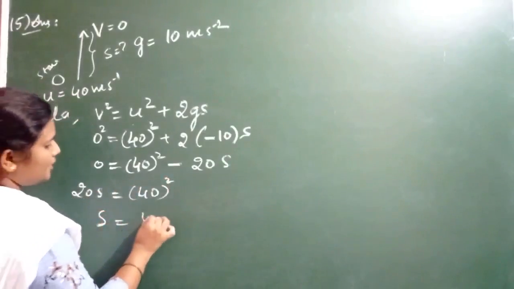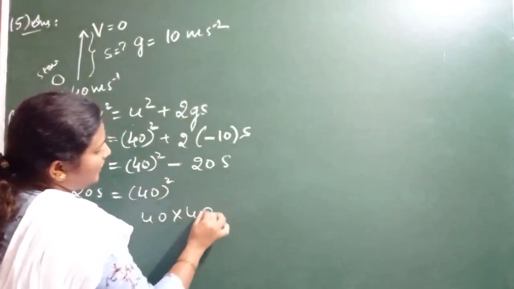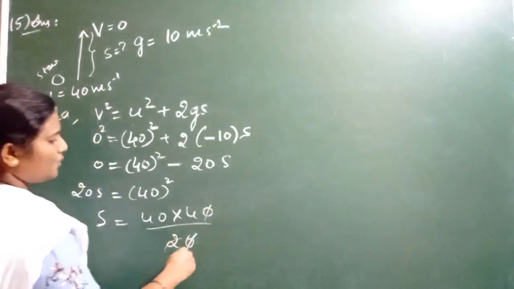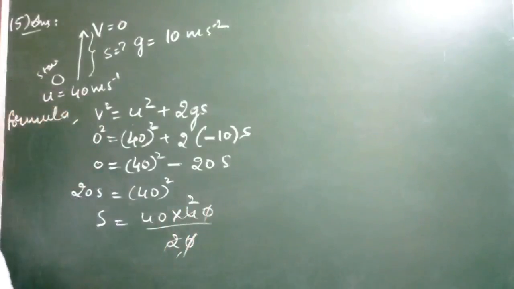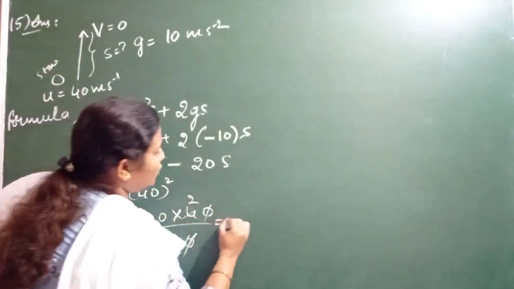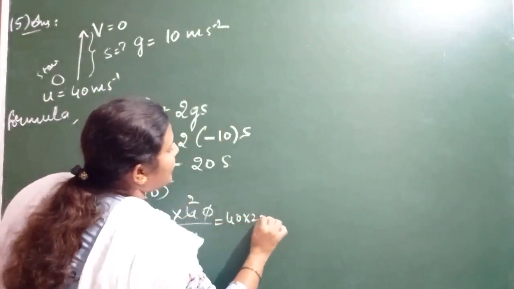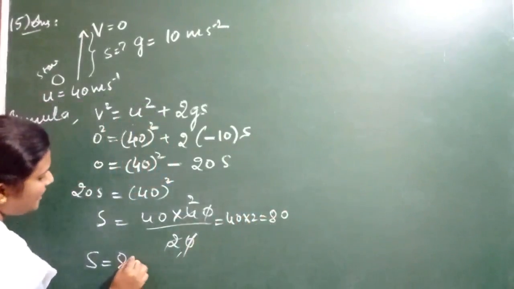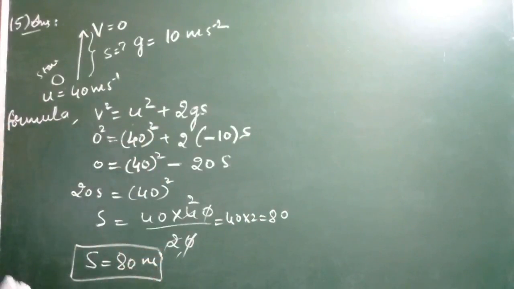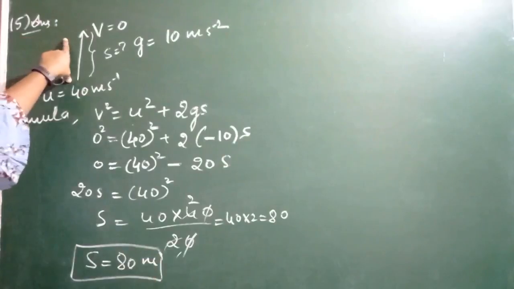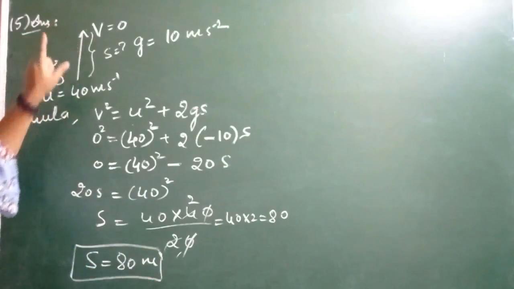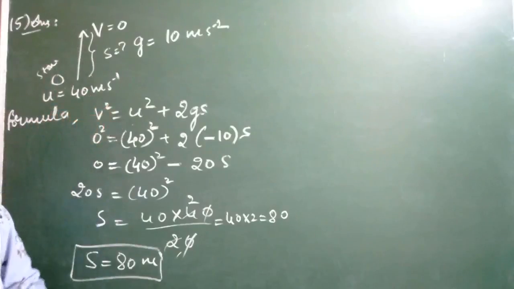Nothing but s equals 40 into 40 divided by 20. 0, 0 gets cancelled. 2 ones are 2, 2 twos are 4. So what is the distance or the maximum height, children? 40 into 2, nothing but 80, children. What is that? 80 meters. So the height it has travelled is what, children? 80 meters, with an initial velocity of 40 meter per second.